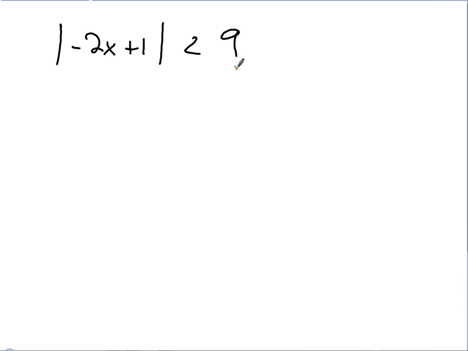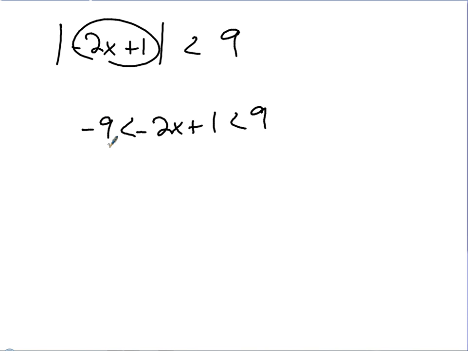So how do I set that up? Negative 2x plus 1. So whatever's in the bubble, good, is less than 9, okay, and greater than negative 9. Okay, so what are the two steps that go through here? Subtract 1, so that makes that a negative 10, negative 2x, and an 8. Now what?